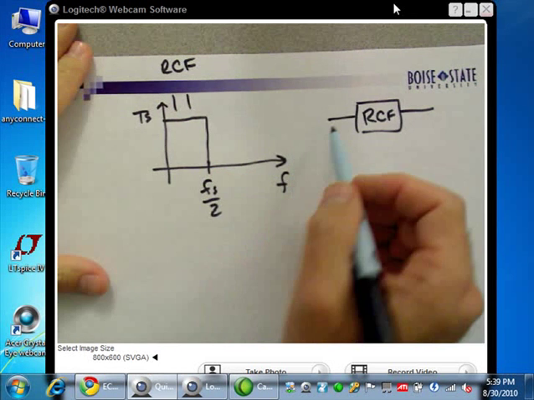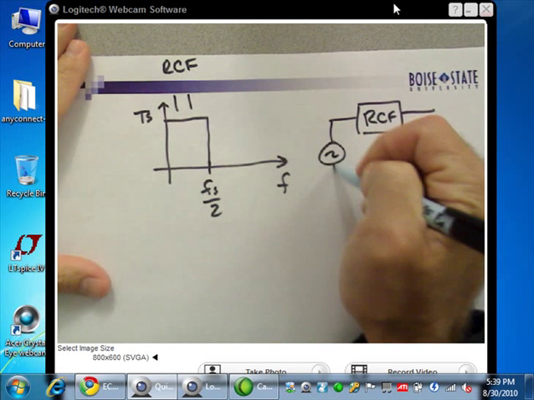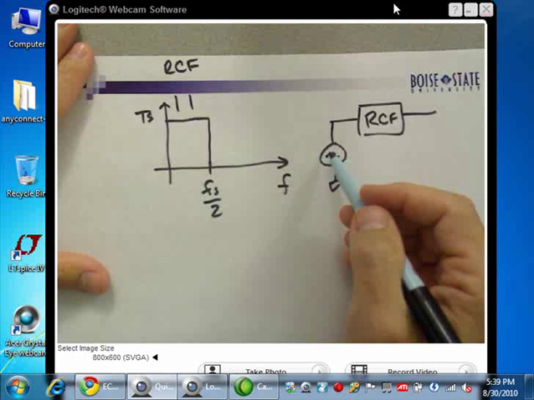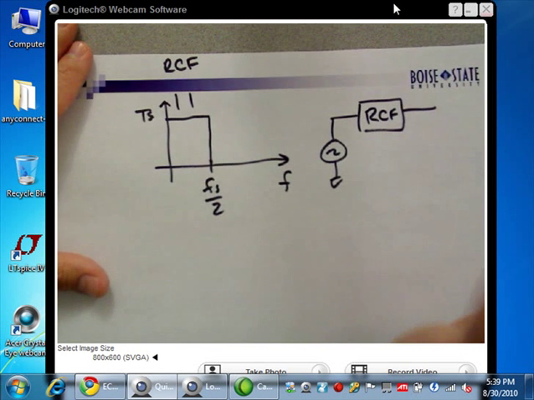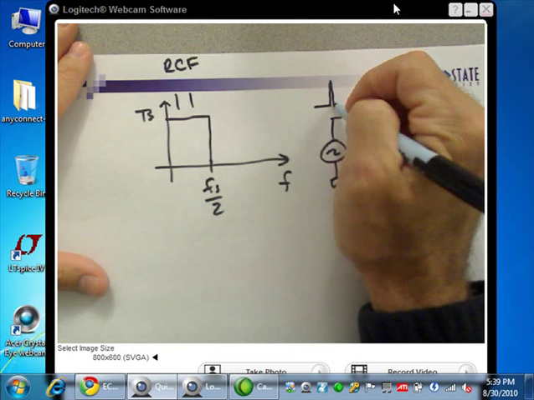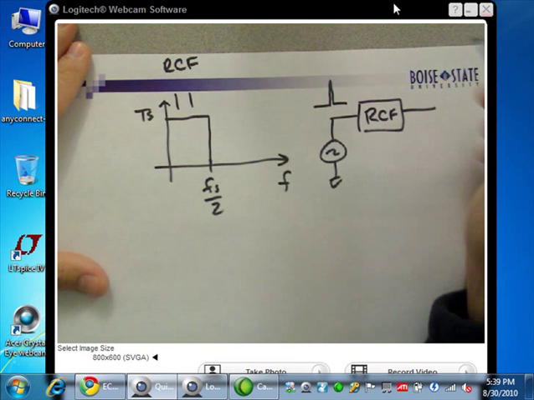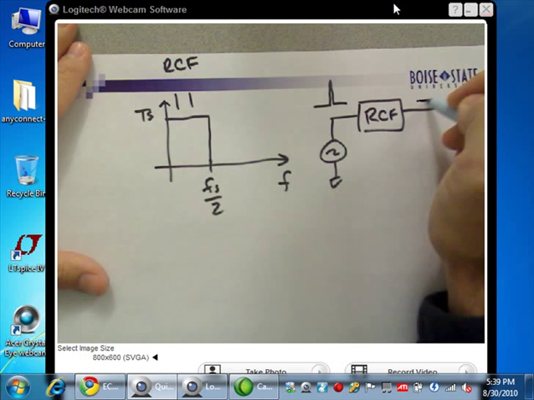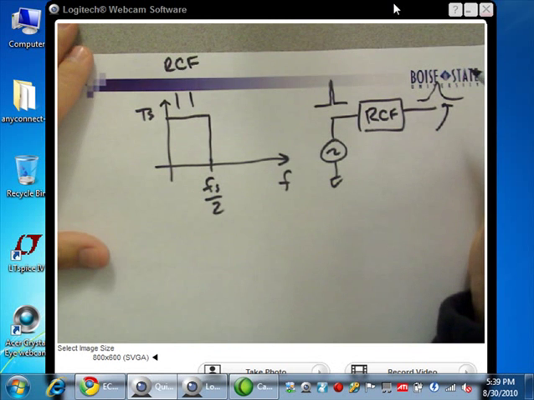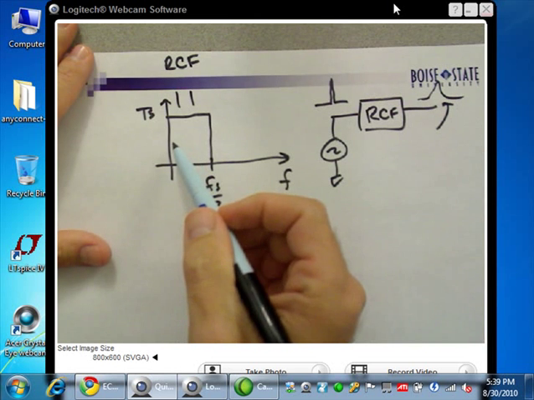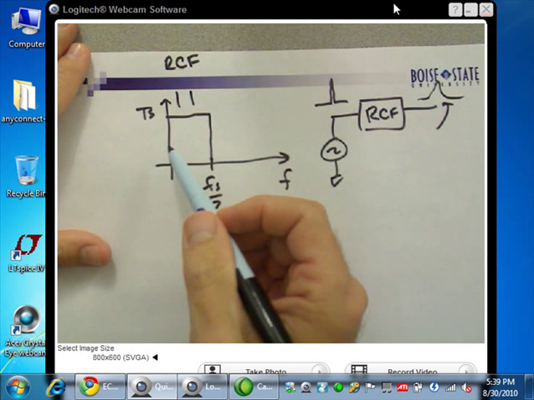I can just apply a source, sweep the frequency, and then plot the output, right? Another way is I can apply an impulse to the input, look at the response on the output, and then take the Fourier transform of that response, and that'll give me my transfer function. Does everybody see that?